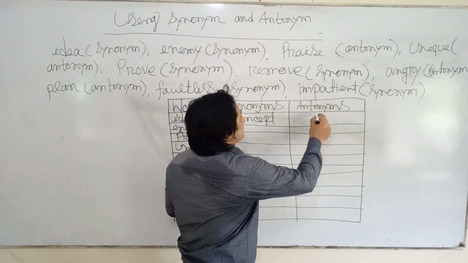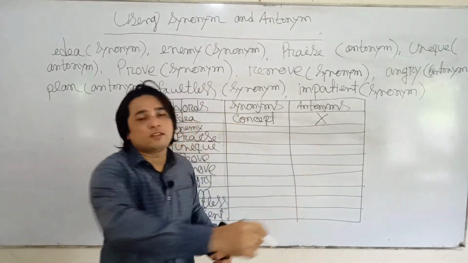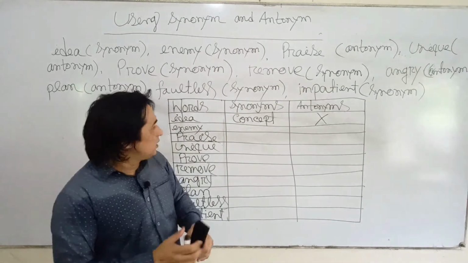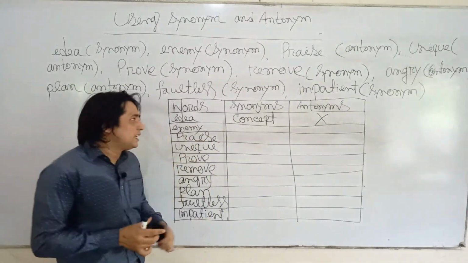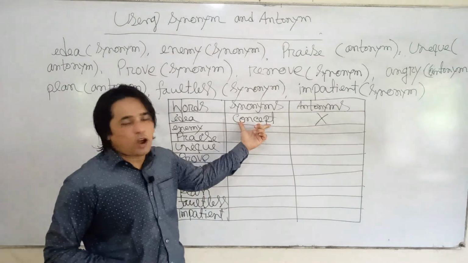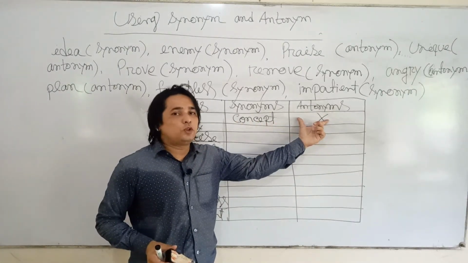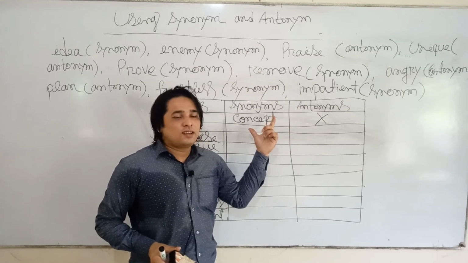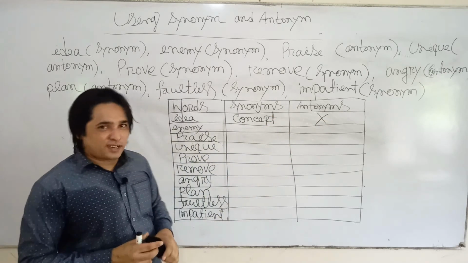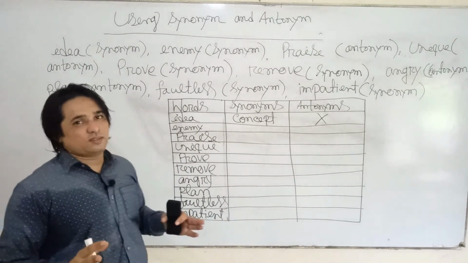Never put a cross mark, because if you put a cross mark, the examiner may think that you consider the answer wrong, so your number may reduce.